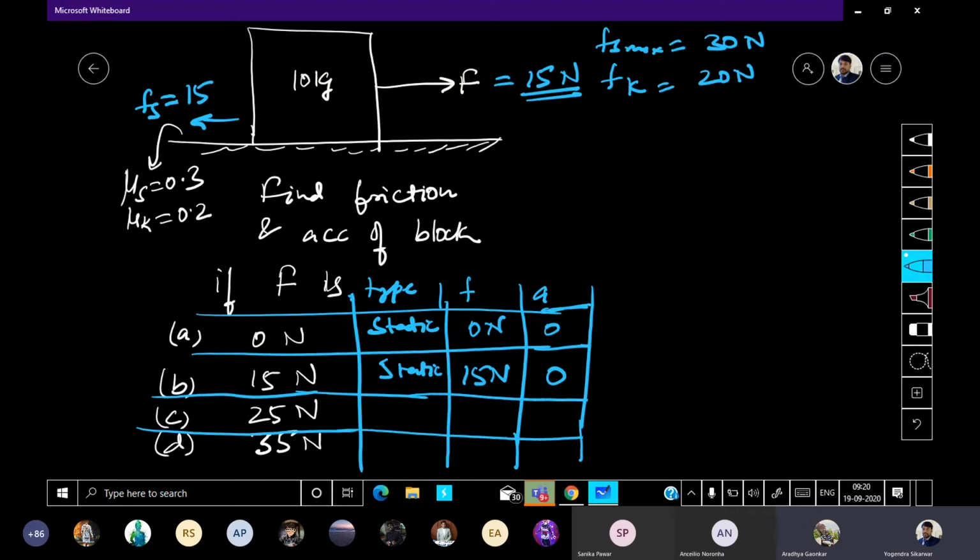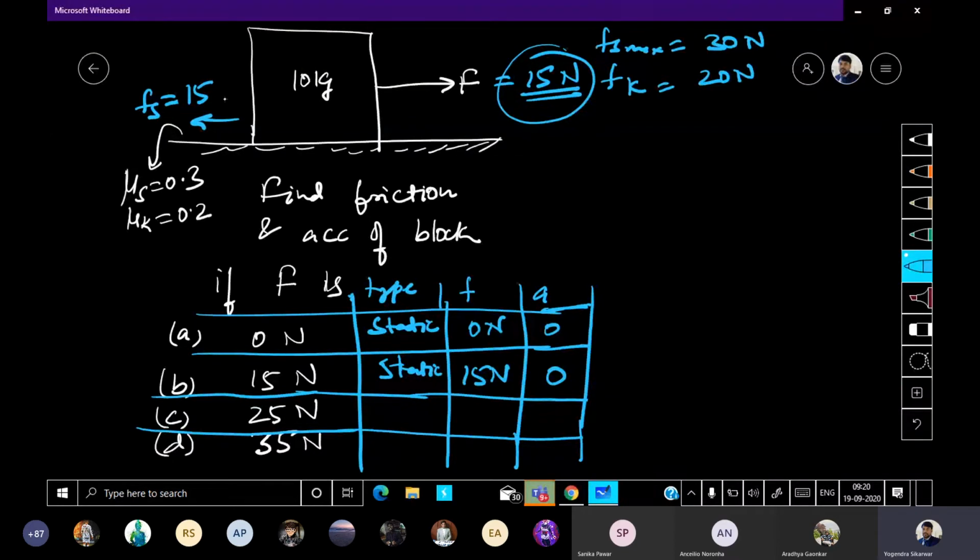Can you please repeat? What I am saying is, when you have applied an external force of 15 Newton towards the right, the block will have a tendency to move towards the right, but static friction, which does not allow the object to move, can be up to 30 Newton.